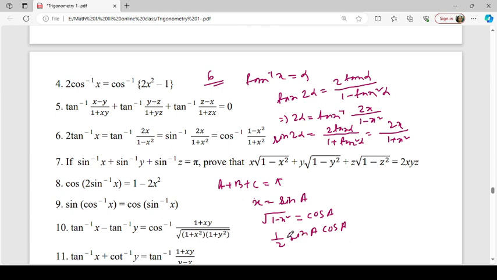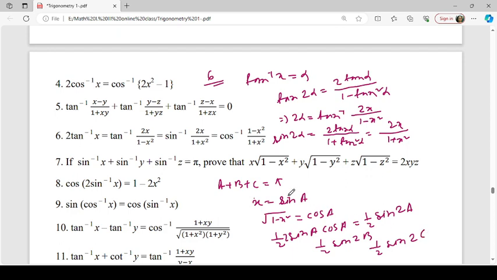So the first part is half of sin twice a, the second part is half of sin twice b, and the third part is half of sin twice c.